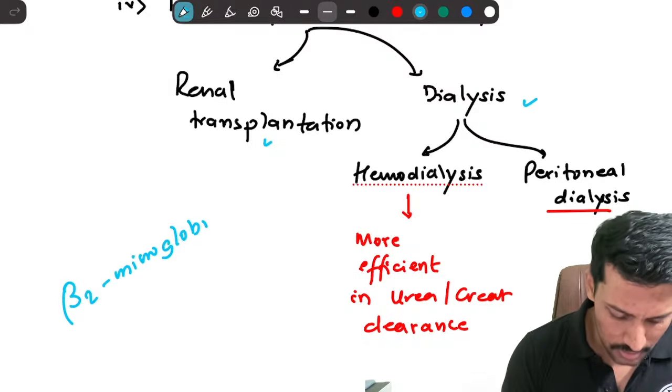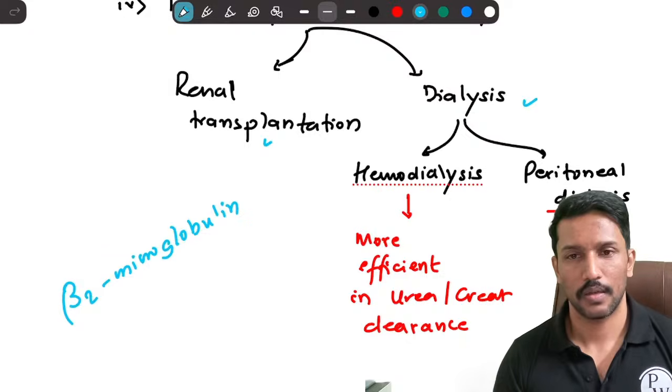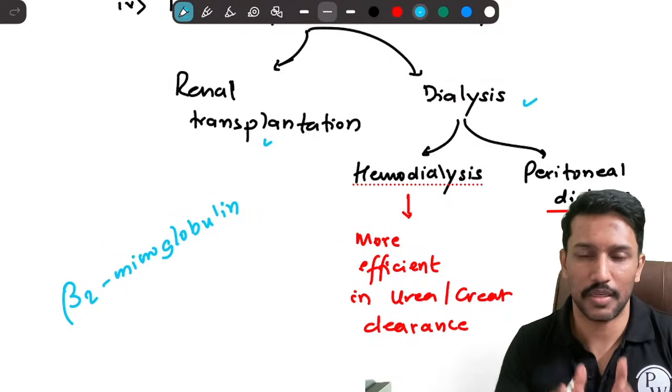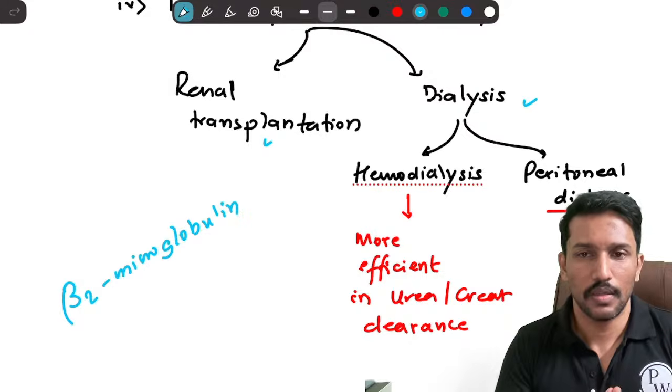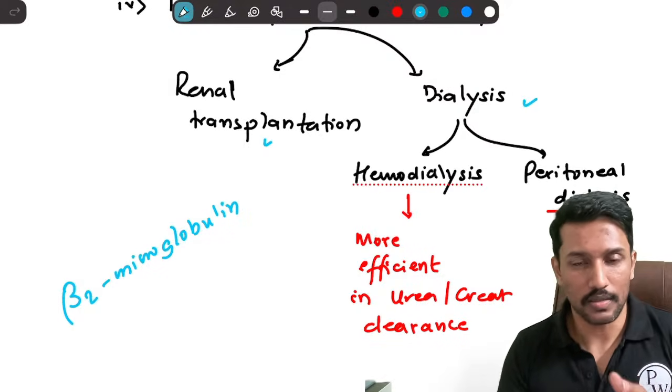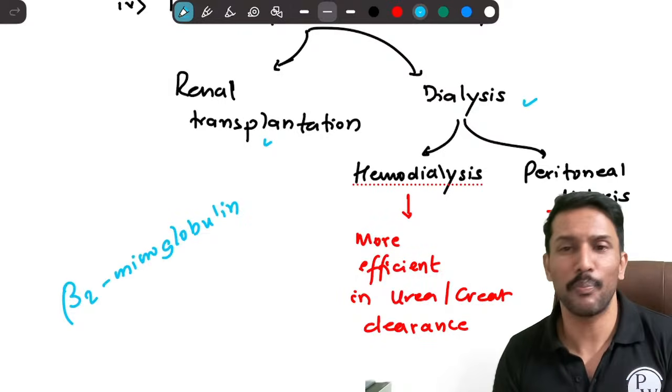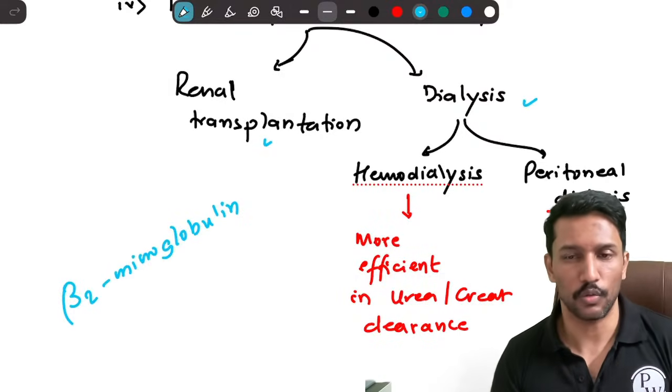There are a lot of them. I'm just listing one of them. This we want to lose from the body. It has to be eliminated. So when the normal kidney works, it filters urea, creatinine, phosphate, potassium, also middle molecules, including beta 2 microglobulin.